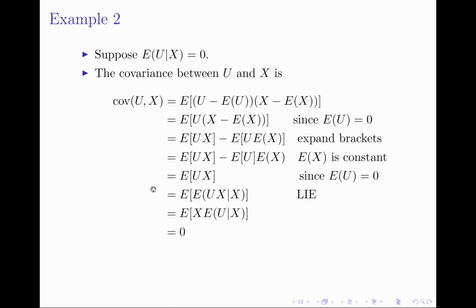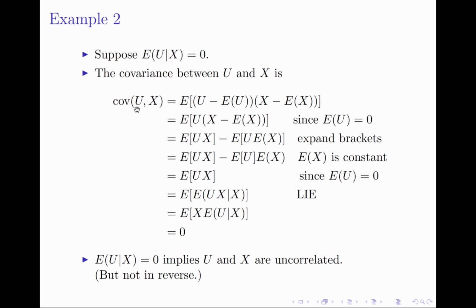So what we've concluded by that sequence of steps is that if we know or assume that the expected value of u, conditional on x, is equal to 0, we have two things. It means that the u's have mean 0, and it means that the u's have 0 correlation with the x's. That conditional mean implies that the u and the x are uncorrelated.